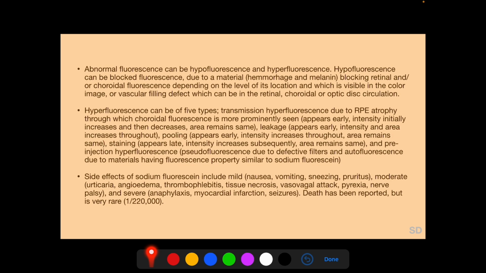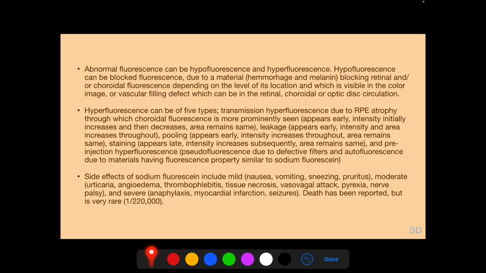Pooling, which also appears early in the angiogram with its intensity increasing throughout the angiogram but whose area remains the same. Staining, which appears late in the angiogram with its intensity increasing subsequently but its area remains the same. And pre-injection hyperfluorescence, which includes pseudofluorescence due to defective filters and autofluorescence due to materials having fluorescence property similar to sodium fluorescein.